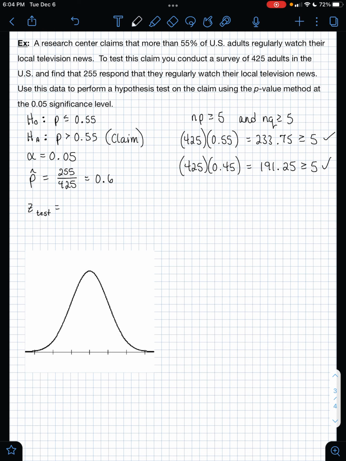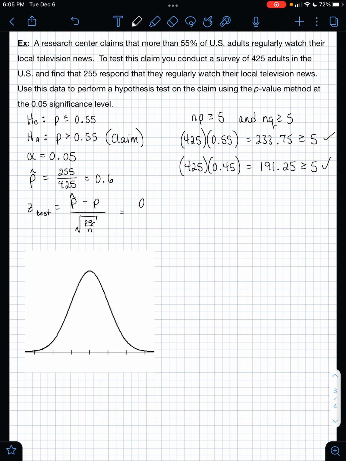Now, again, regardless of whether we're doing the p-value method or the rejection region, we need our test statistic. So our test statistic here is going to be, again, the p-hat from our sample minus the claimed p over the square root of pq over n.